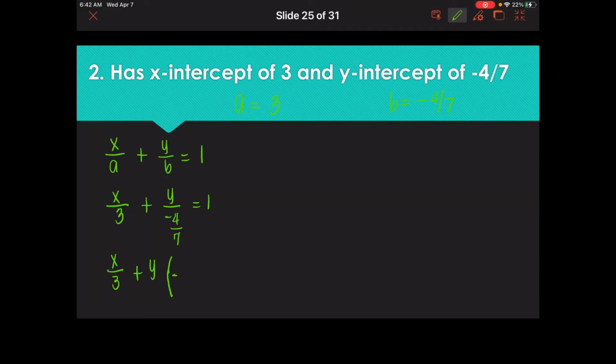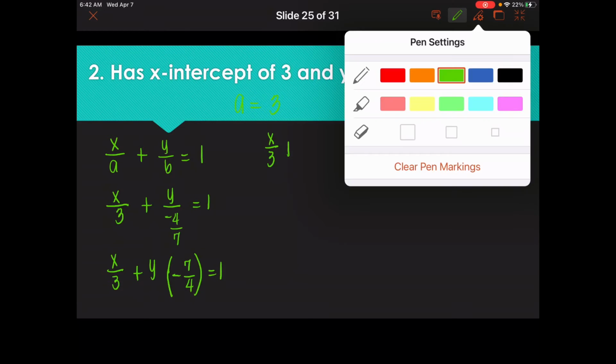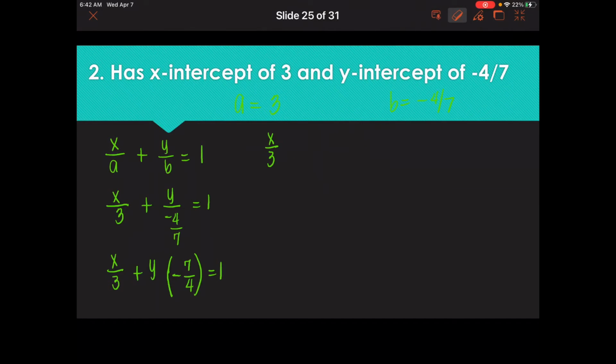So it's negative 7 over 4 is equal to 1. Okay. So I'll just copy x over 3. Then the second term now will become minus 7 over 4 y is equal to 1.